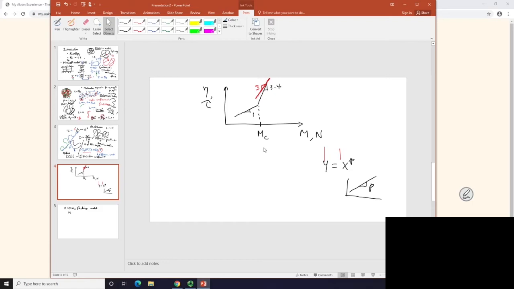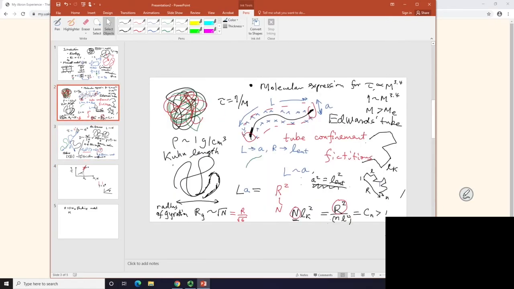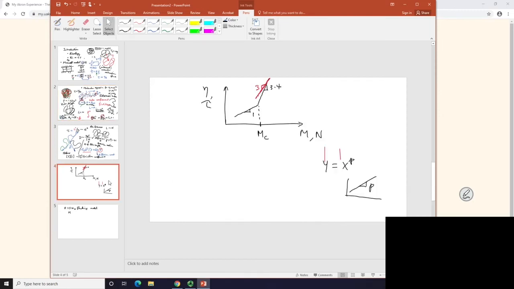I have to indicate that this MC is not the same as when the tube length approaches the tube diameter. There, we tend to think of molecular weight changing from M to ME. From now on, I'm going to describe what ME is. Roughly speaking, in the literature, people say MC is about twice ME.